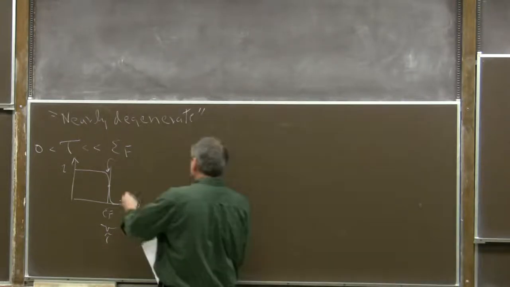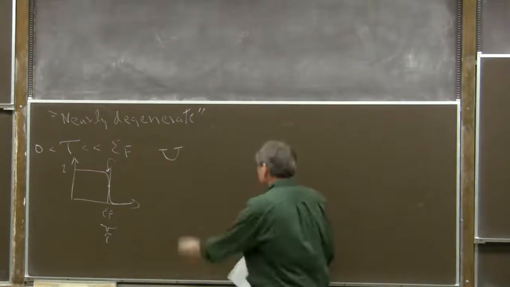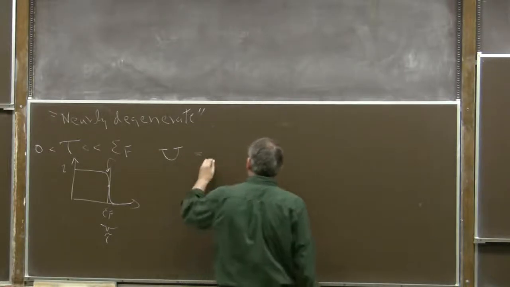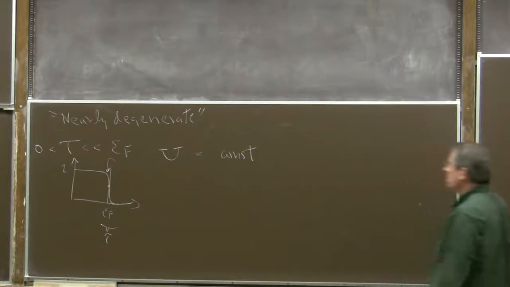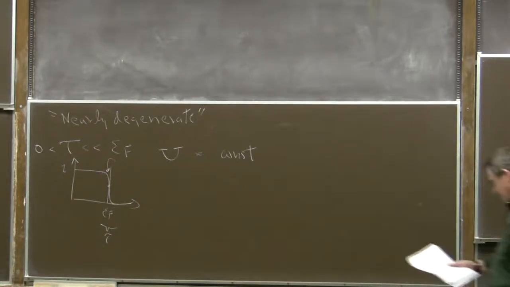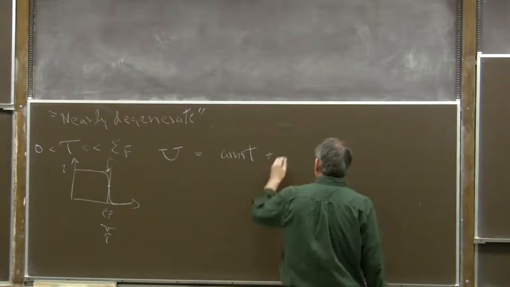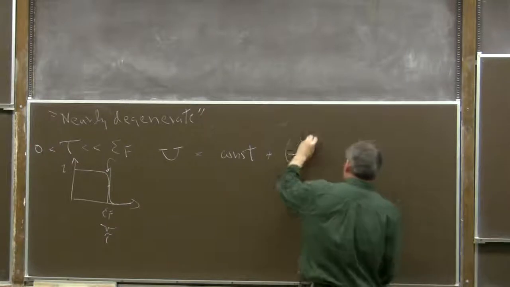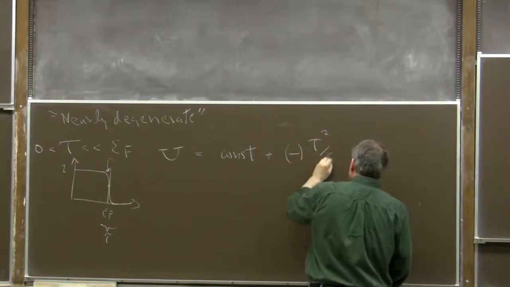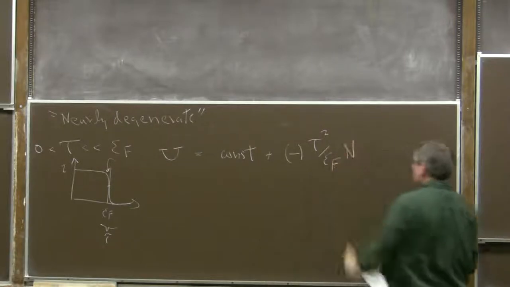And then we said that if we consider the internal energy in that case, it'll be whatever it is at 0 temperature, so constant meaning independent of temperature, plus something which is some numerical constant times temperature squared divided by Fermi energy times number of particles.